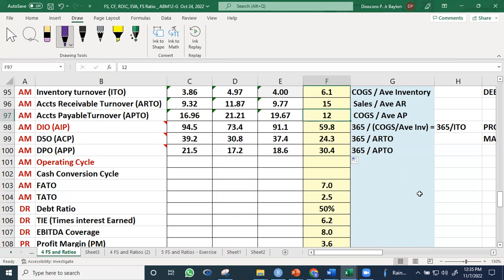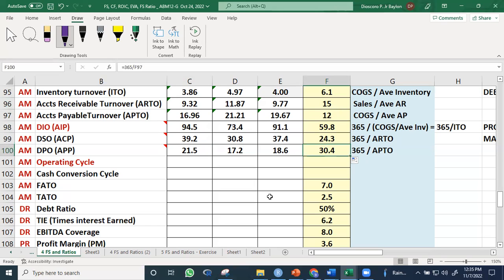So sino mas magaling? Tayo o sila? Mas magaling sila. Kasi tayo 17 times tayo nagbabayad. Notice 17 times. Yung 17 times na yan, ibig sabihin yan, in 21 days, no? In 21 days, magbabayad tayo. Okay? Si competitor, 12 times yung APTO niya, which means in 30 days siya nagbabayad.